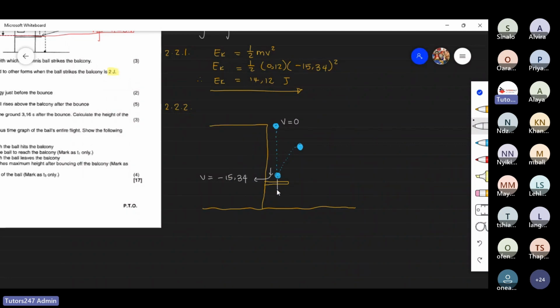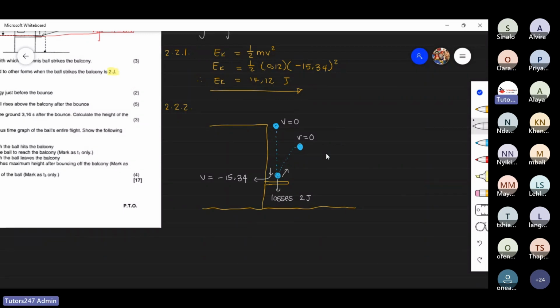Once it hits the balcony, it loses 2 joules of energy. After it loses that 2 joules of energy, it then rebounds off the balcony with an unknown velocity and reaches maximum height. We know that at maximum height, our velocity is going to be 0.